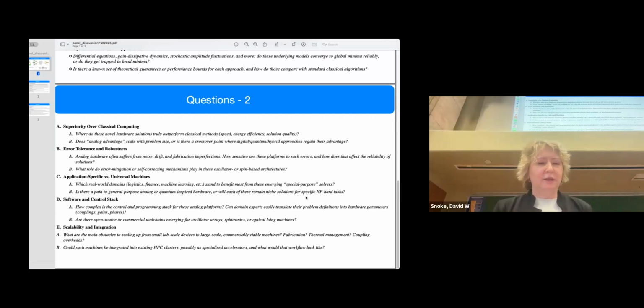This is another set, perhaps, talking about what we mean by superiority, and when we say that one particular platform achieved superiority over classical computing. Probably never, but maybe for some very specialized problems that can be achieved, or vice versa.